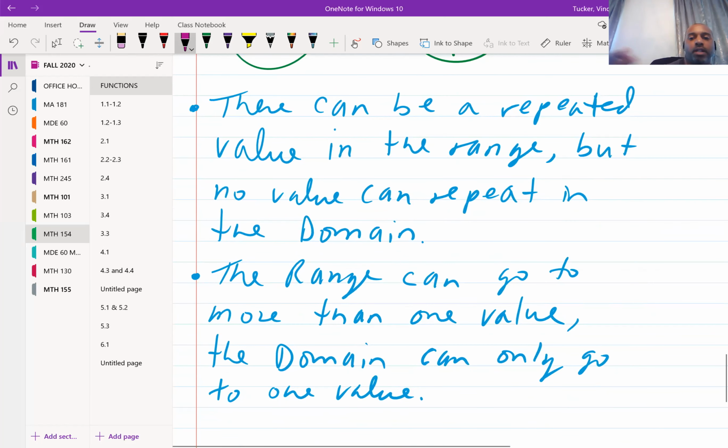So that's what I mean by that. There can be a repeated value in the range, but no value can repeat in the domain and it still be a function. Second statement, just another way of saying it: the range can go to more than one value, but the domain can only go to one value.